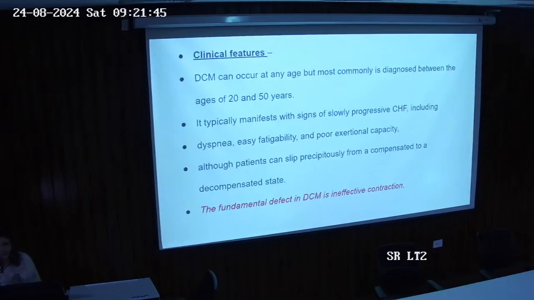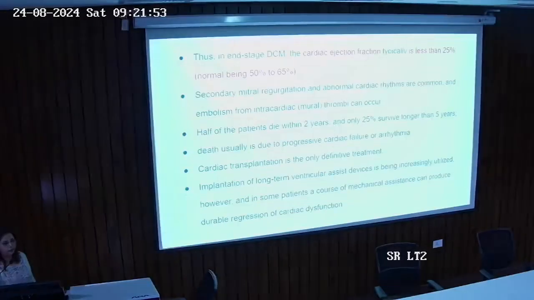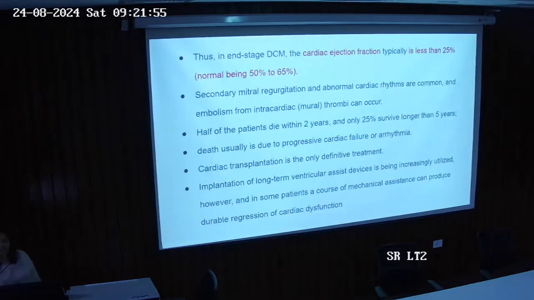The fundamental defect in dilated cardiomyopathy is ineffective contraction, that is nothing but systolic dysfunction. Cardiac ejection fraction will be less than 25%. Half of the patients will die within 2 years. Death is because of heart failure or arrhythmia. Cardiac transplantation is the only treatment, but nowadays sometimes implantation of long-term ventricular assist devices is being used.